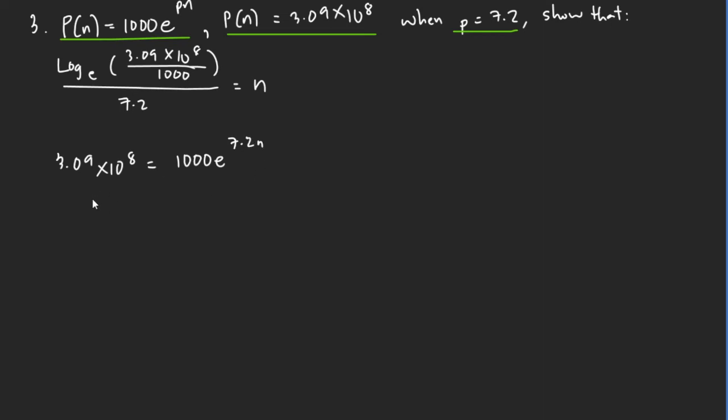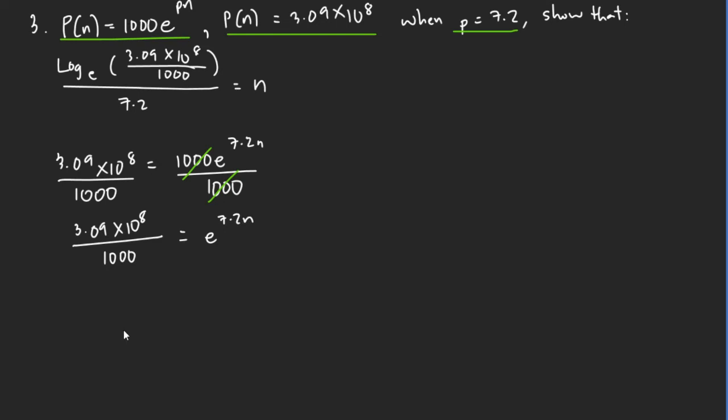Alright, so what we do here is just to eliminate 1000. So, both sides will be divided by 1000, and we're going to cancel out 1000 on the right. What is left here is 3.09 times 10 raised to 8 over 1000 is equal to e raised to 7.2n.